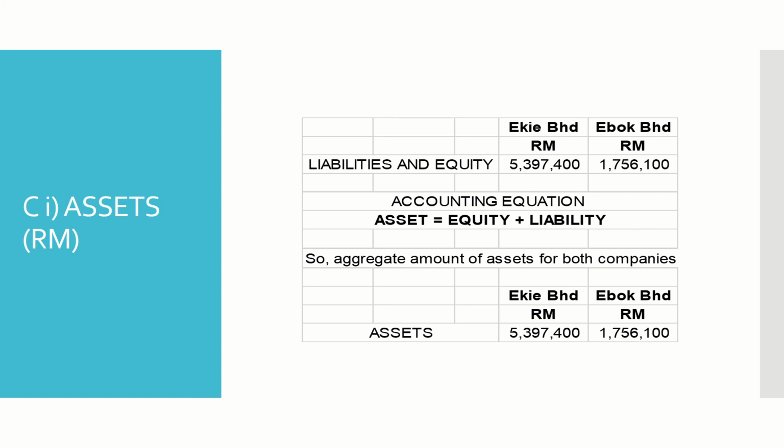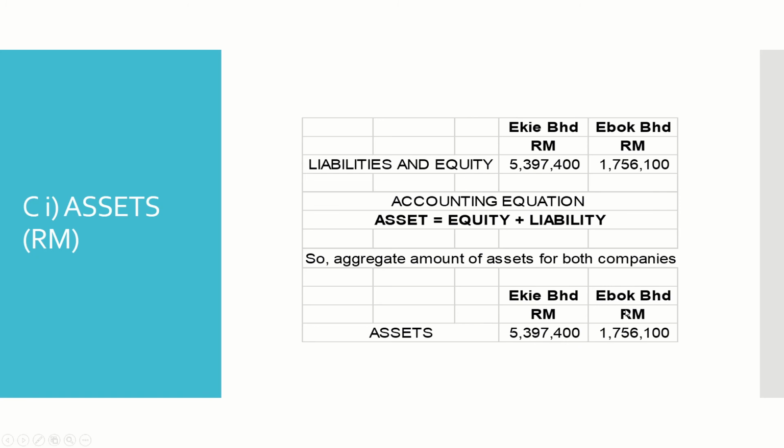Identify the aggregate asset, which is total asset, held in Iki Berhad and Ibu Berhad as at 31st December 2018. You can find the asset by using the accounting equation. Asset equals equity plus liability. The answer for the aggregate amount of asset for Iki Berhad is 5,397,400.